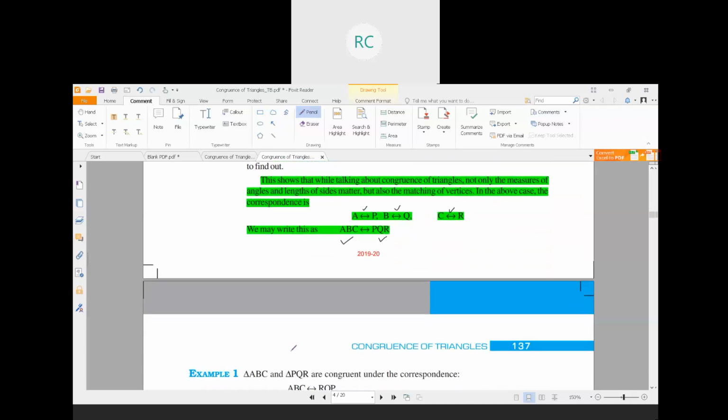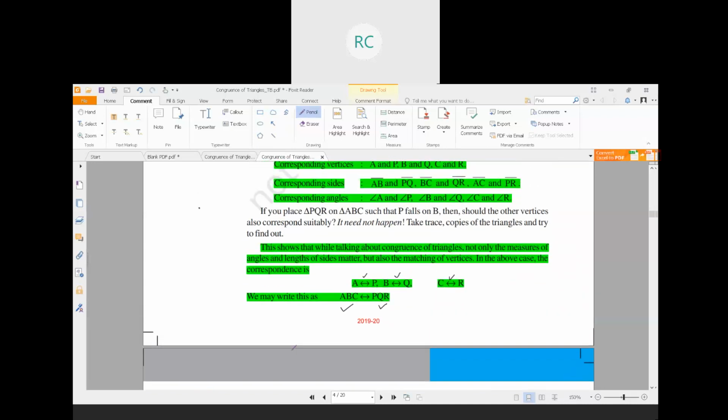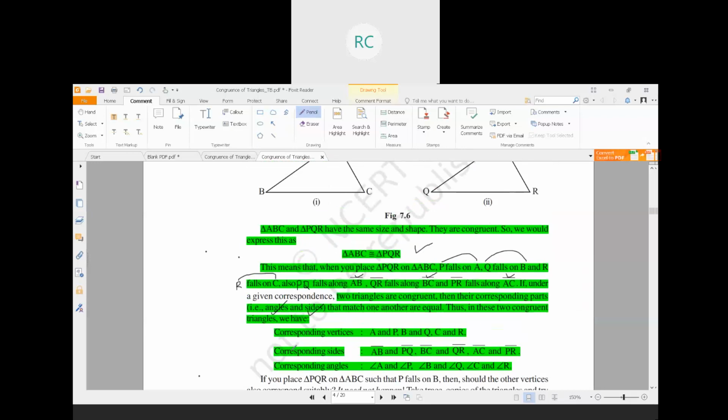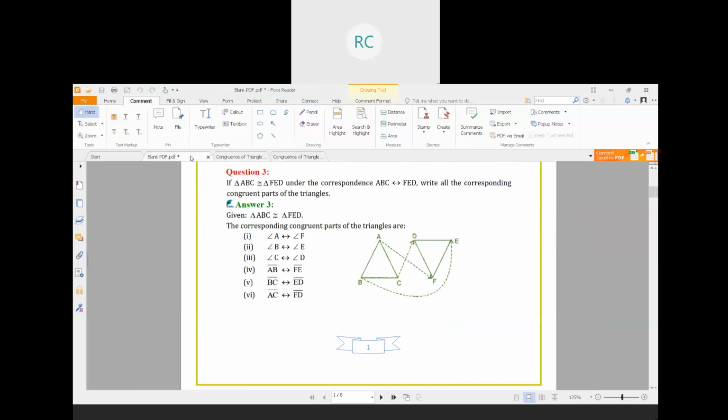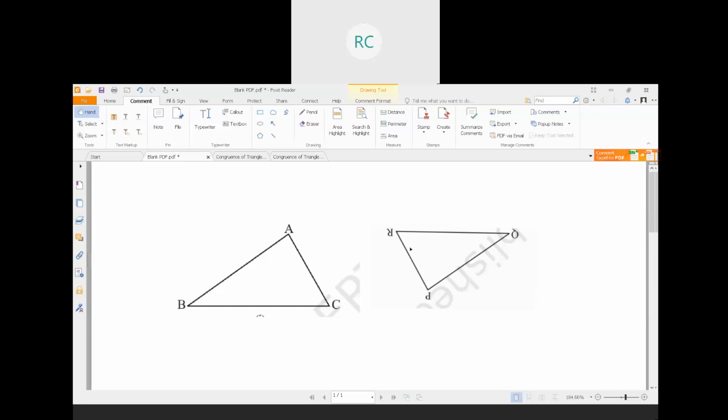Like that. Now, see, sometimes what happens is that triangles are not properly placed. For example, here, if you look at this figure, this is your ABC and this is your PQR. Now, they are not placed properly. So, I need to rotate this to make them corresponding.